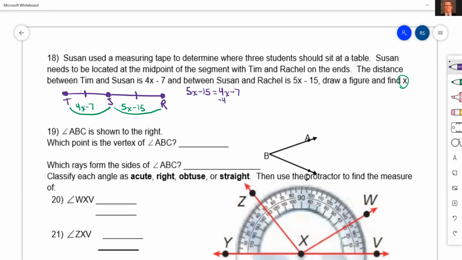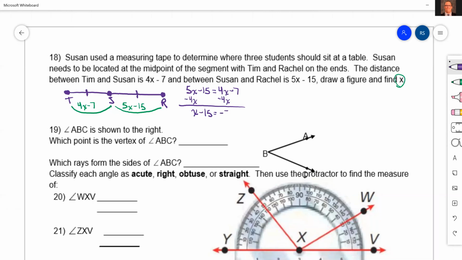So now I'll subtract our 4x over. 5 minus 4 is just 1x equals negative 7. Add 15. I'm out of room there, so I'm going to continue up here. Negative 7 plus 15 means x equals 8. There's our answer.